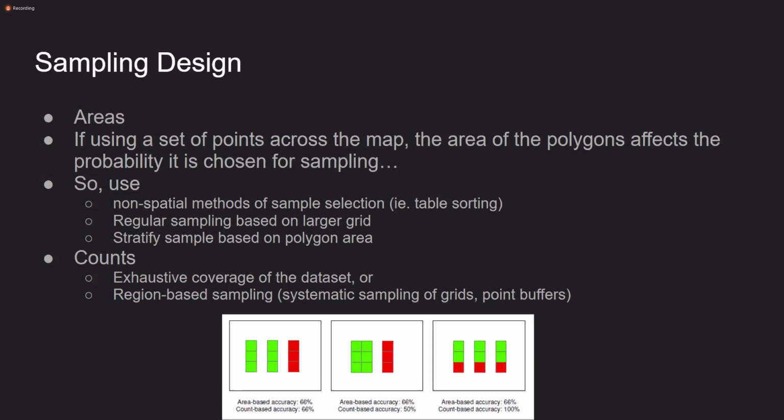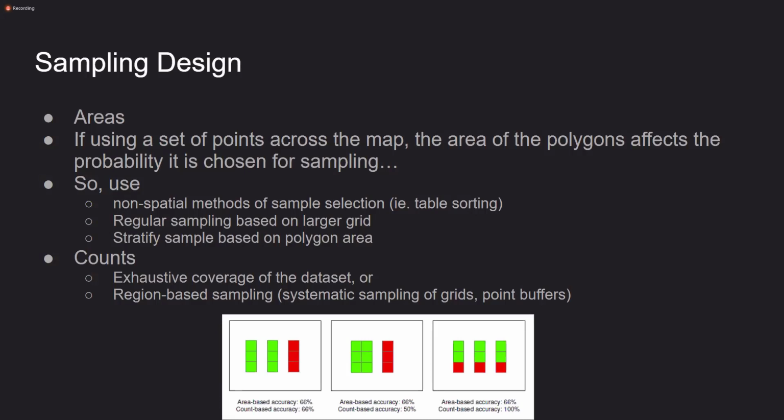So you might select randomly from a table instead of based on the spatial locations within the image. You might do some sort of a regular sampling where you're breaking that image into a large grid. Or you might do some sort of a stratified sample based on the areas of the polygons.